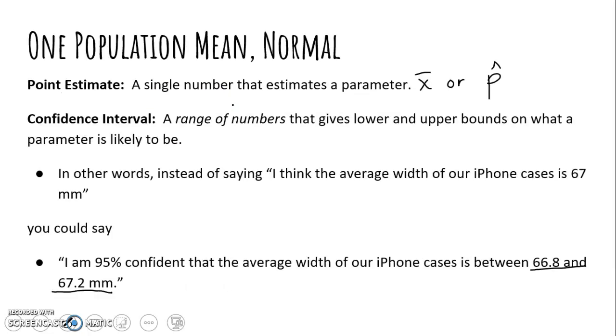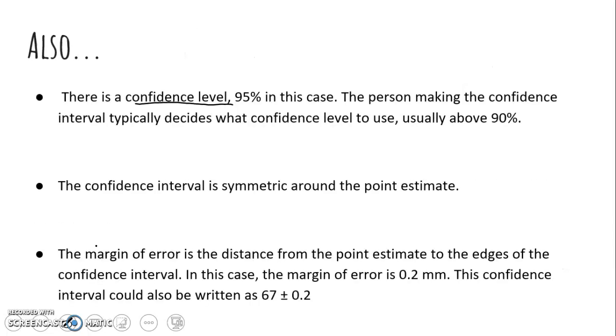When we go back here, you see that confidence level right here. When we state a confidence interval, we usually state a confidence level with it. The person making the confidence interval typically decides what confidence level they want to use, usually 90% or above. So it's basically, how confident are you?